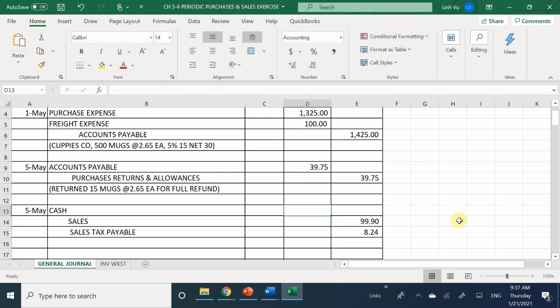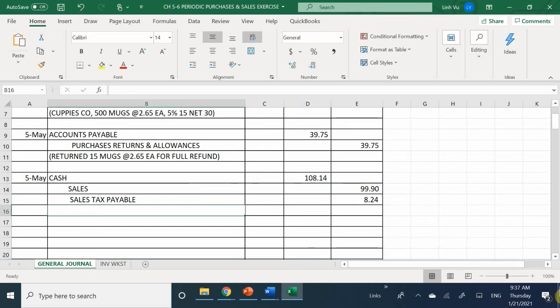So therefore, what is my total cash I'm actually going to be receiving? $108.14. And here I'm going to go ahead and say that I sold 10 mugs. Done. All right.